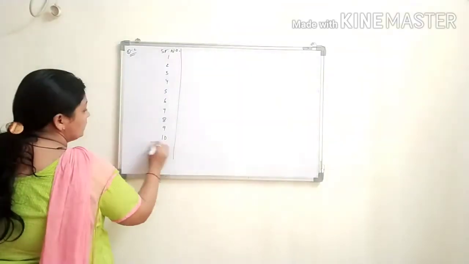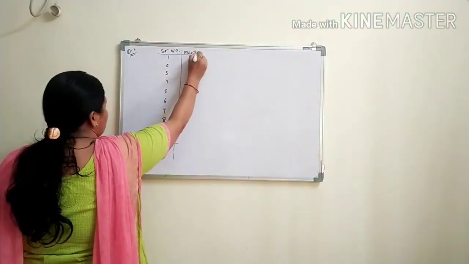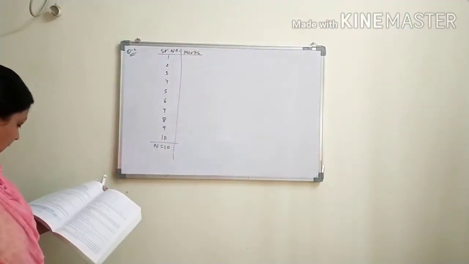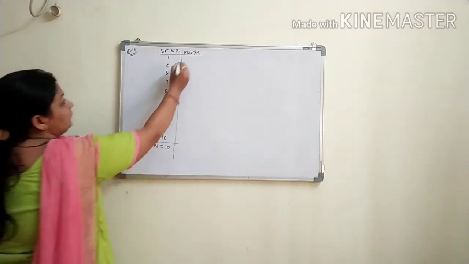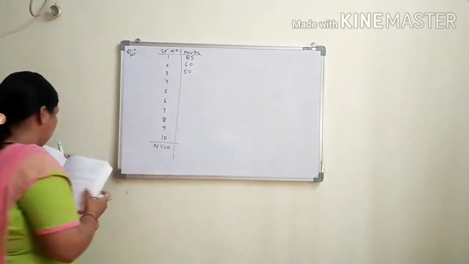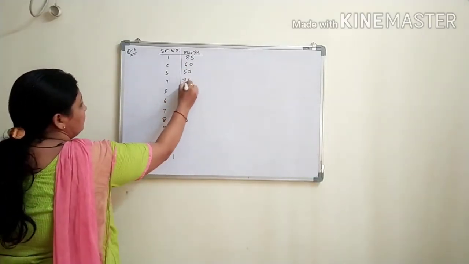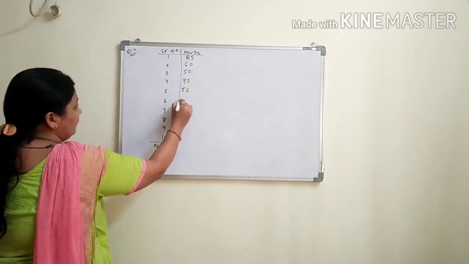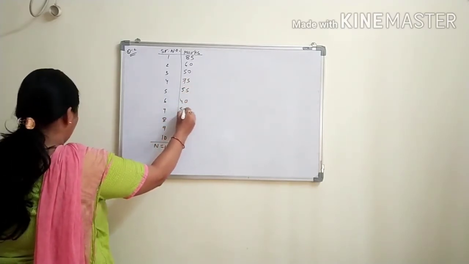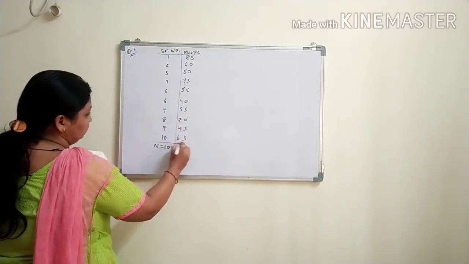It means your total number of students is n equal to 10. Now the marks are given: 85, 60, 50, 75, 55, 40, 55, 70, 45 and 65.